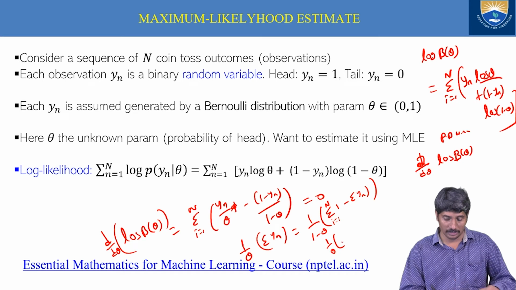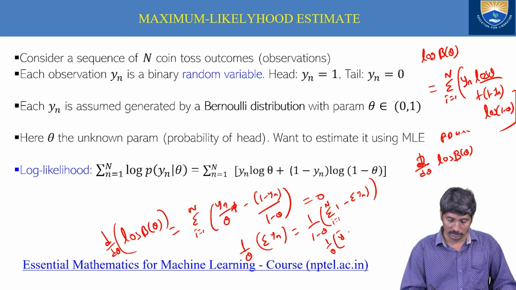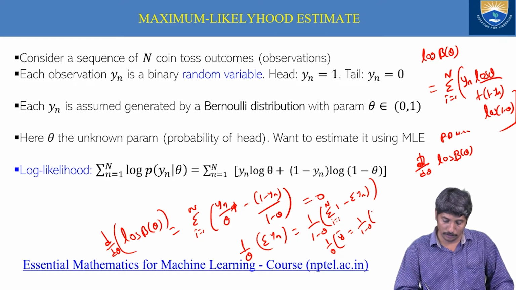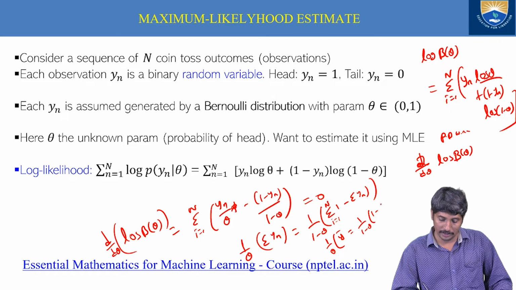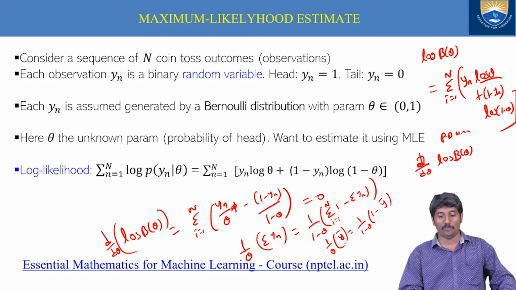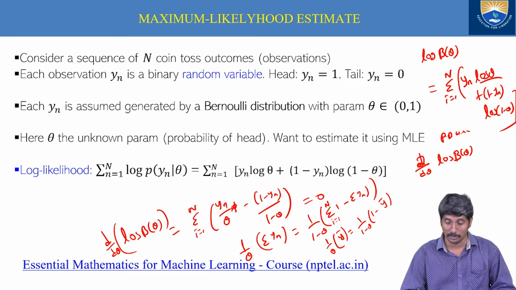If you divide by this n, we get y bar. So 1 by theta into y bar is equal to 1 by 1 minus theta into 1 minus y bar.